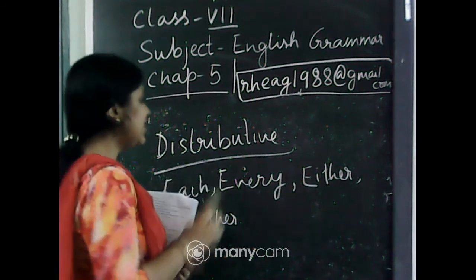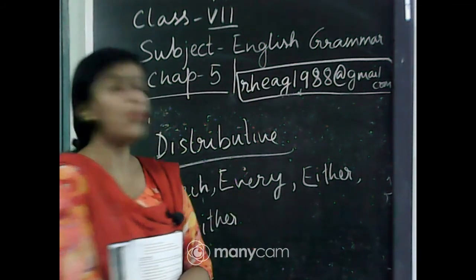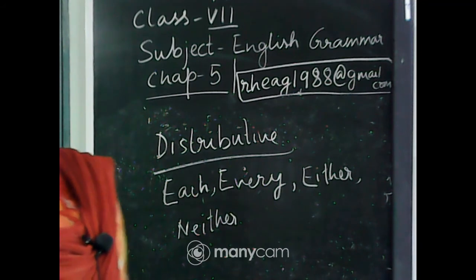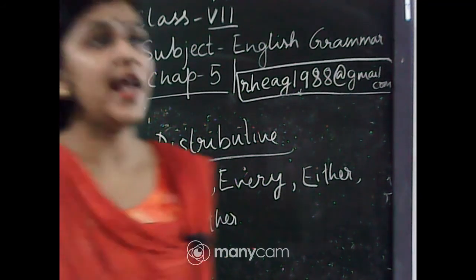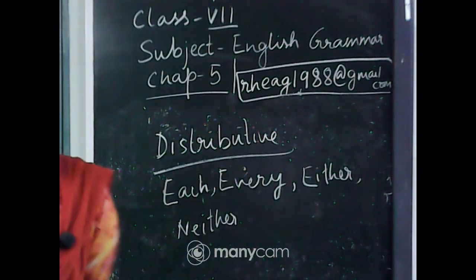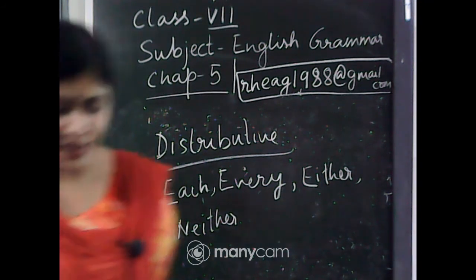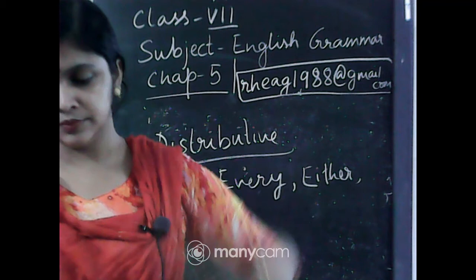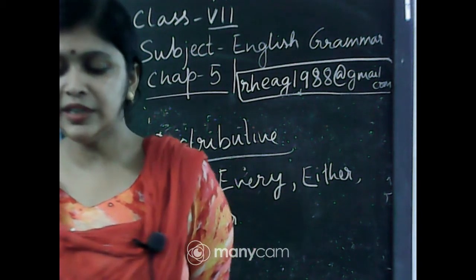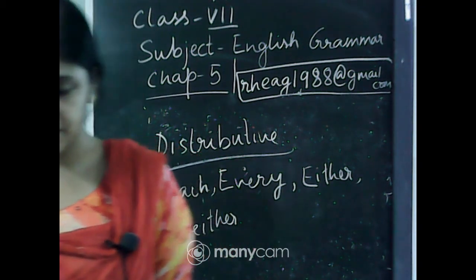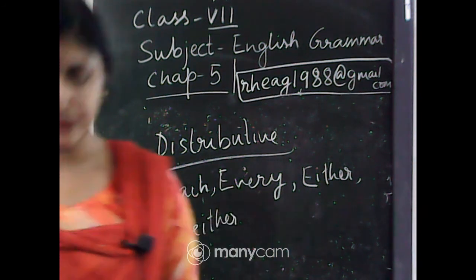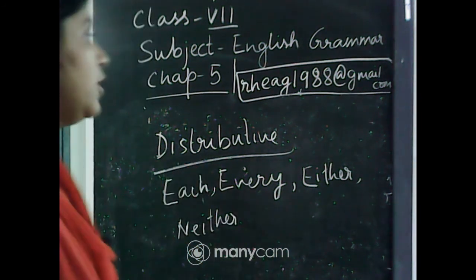So each and every talk about one out of many. That means out of a group, if I am specifying each of you as a single unit, then I will be using each or every. If I say, each player of the Indian team played his best. If it is a specific limited number of persons, we use each.